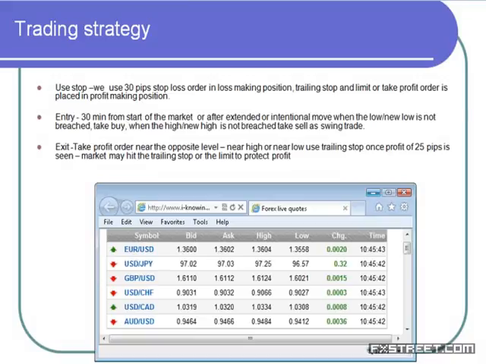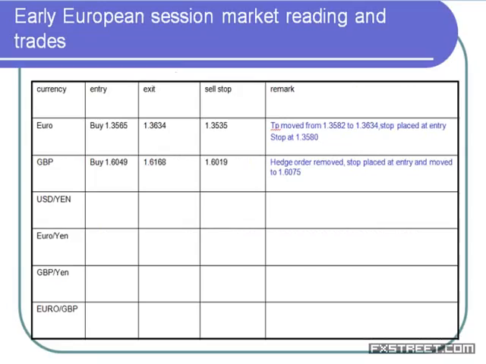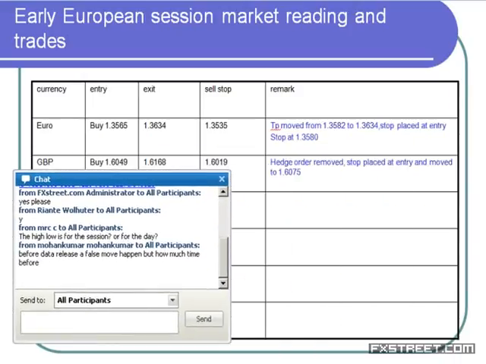So one can ask the question: during the European session, I had taken a buy position, and I had further taken buy positions after keeping a stop to protect the profit. That is called a summation.